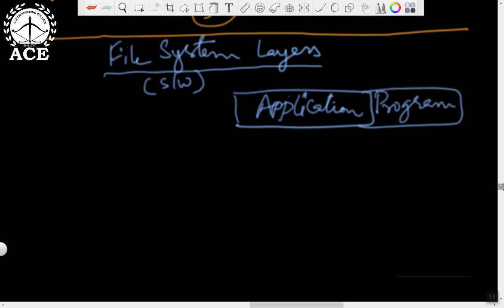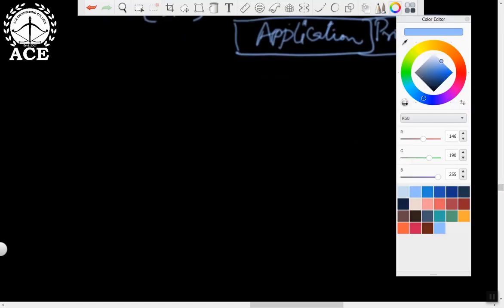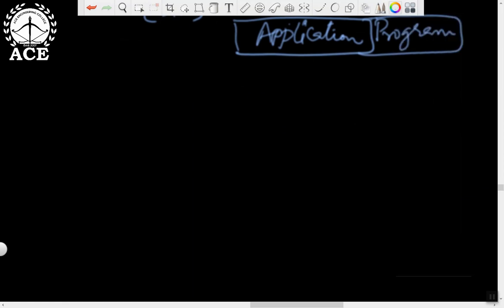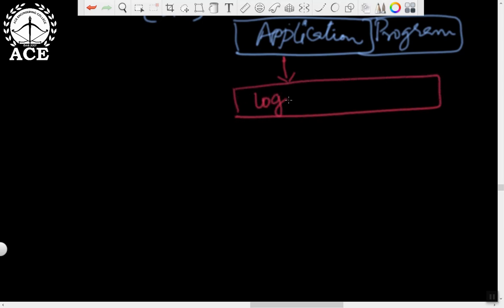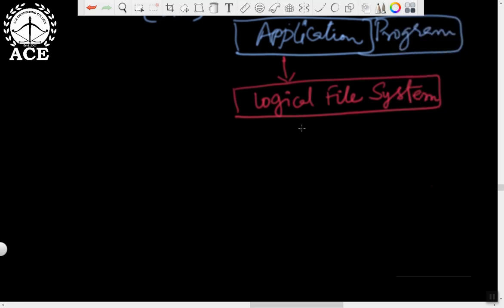Okay, and then the next layer is logical file system. Logical file system. I will talk about each of these. I am using different colors for different layers.